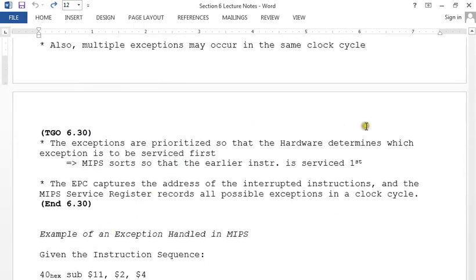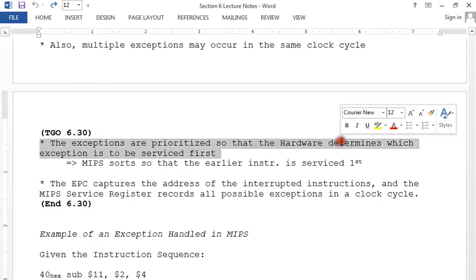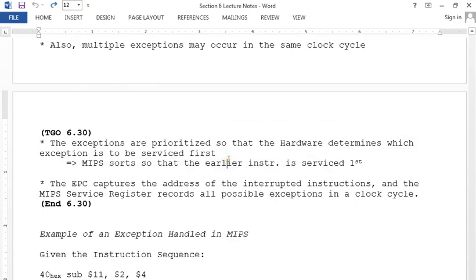So the exceptions are prioritized so the hardware determines the exception to be serviced first. MIPS sorts it so that the earlier instruction is serviced first.